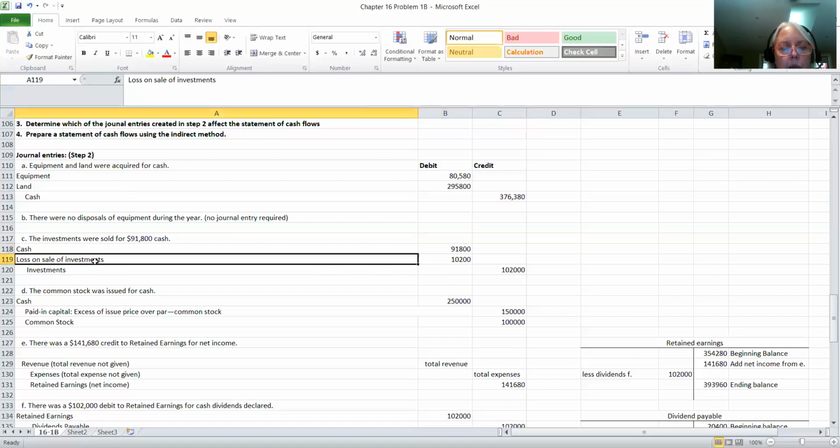On our income statement, we would have recorded a loss on the sale of investments. This loss would have affected the net income, and the net income is adjusted on the operating activities section of the statement of cash flows.